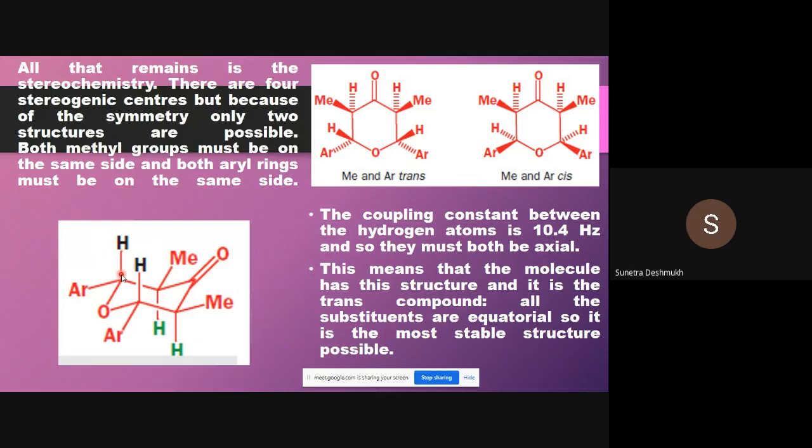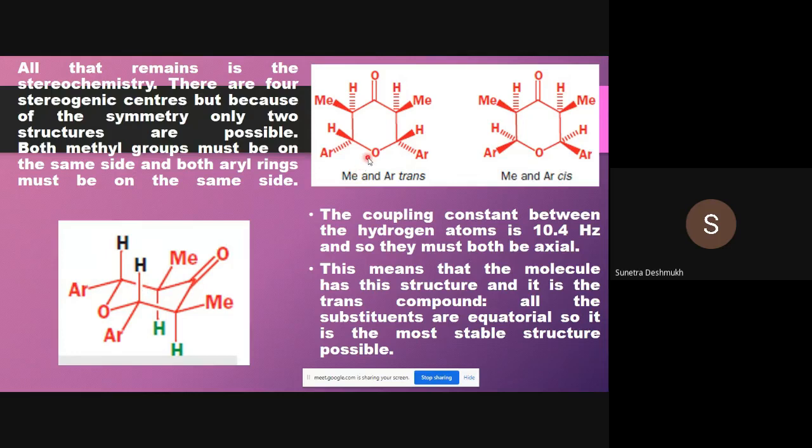That means the angle between the black colored hydrogen and the green colored hydrogen must be 180 degrees, and due to this 180 degree angle, their coupling constant is highest, that is 10.4. The same thing applies in this case: the angle between this black colored hydrogen and this green colored hydrogen is 180 degrees. That's why the coupling constant is 10.4 hertz. So the coupling constant value of these hydrogens indicates that all four hydrogens are anti to each other.